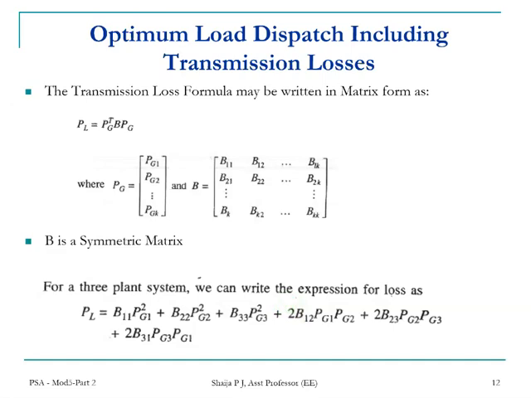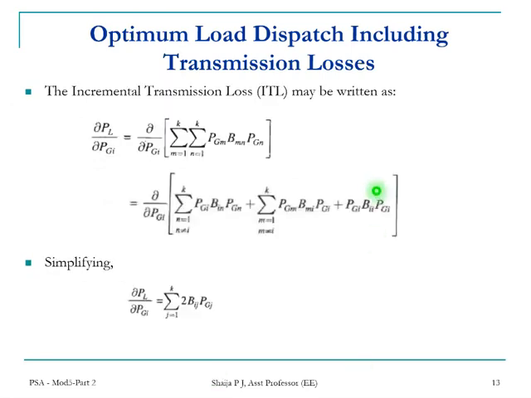The incremental transmission loss can be written as ∂PL/∂PGi in general as ∂/∂PGi of sigma m, sigma n, PGm Bmn PGn, which is equal to ∂/∂PGi of sigma n equal to 1 to K, n not equal to i, PGi Bin PGn, plus sigma m equal to 1 to K, m not equal to i, PGm Bmi PGi, plus PGi into Bii into PGi.